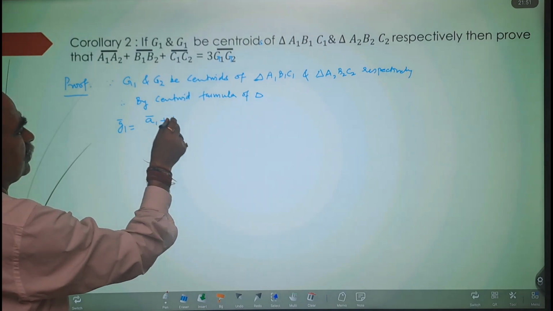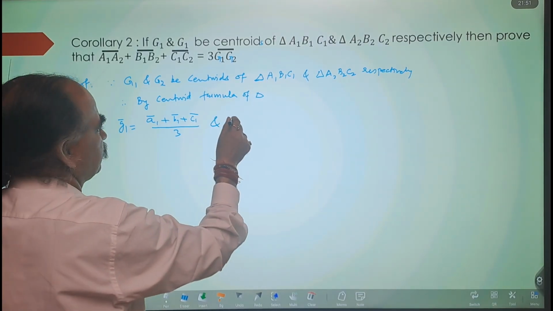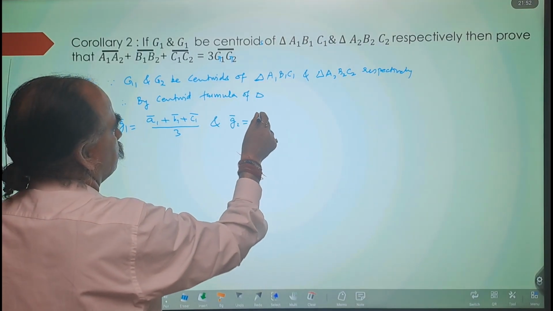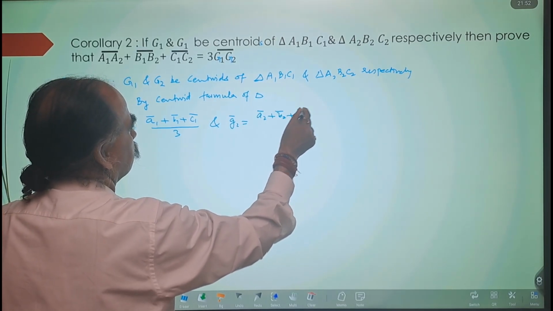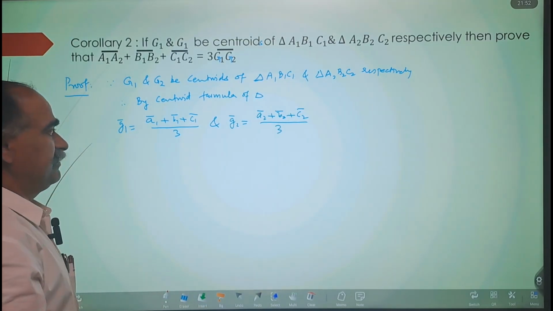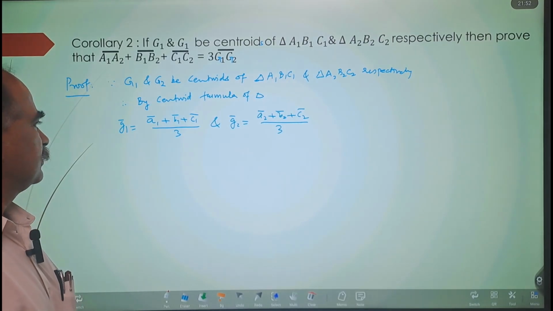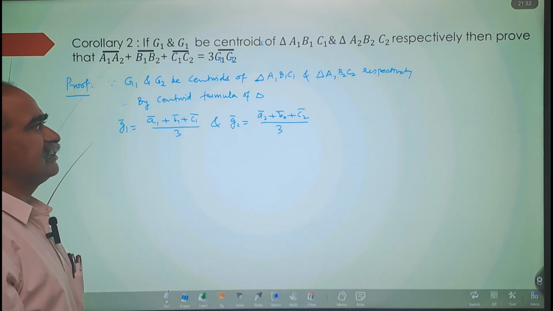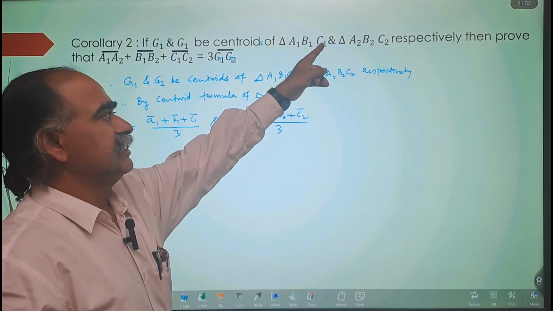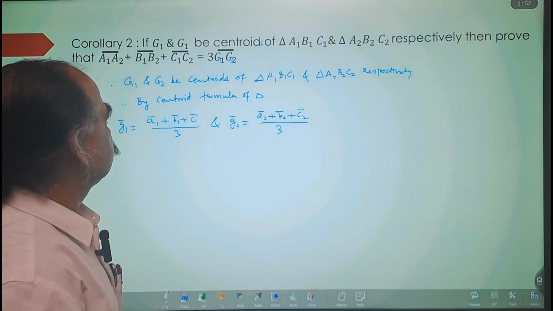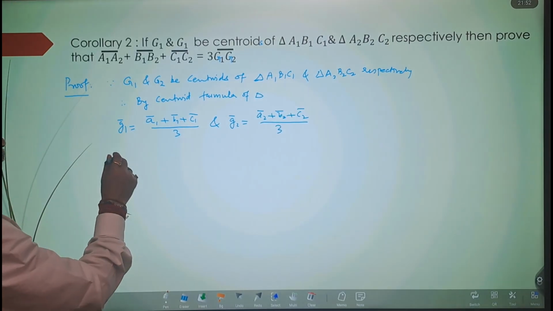A1 bar plus B1 bar plus C1 bar upon 3, and G2 bar is what? A2 bar plus B2 bar plus C2 bar upon 3, where A1 bar, B1 bar, C1 bar, A2 bar, B2 bar, C2 bar, G1 bar and G2 bar are position vectors of points A1, B1, C1, A2, B2, C2 and G1 and G2 respectively with respect to fixed point O. So 3G1 bar is what?